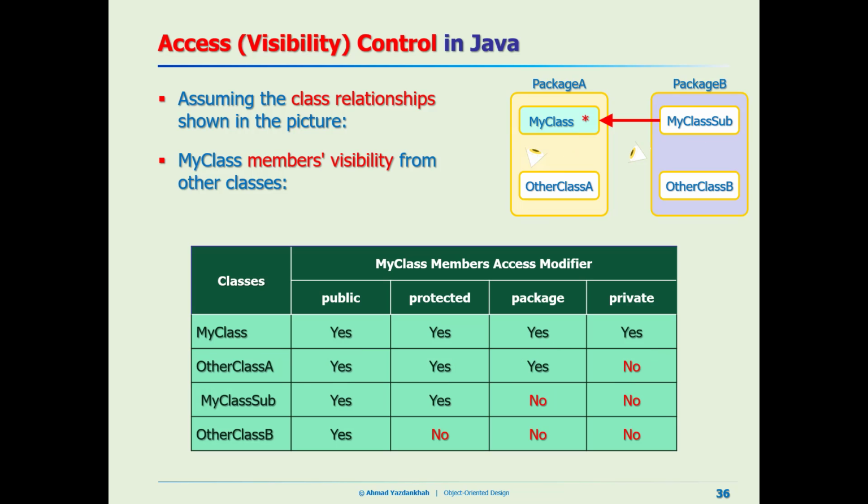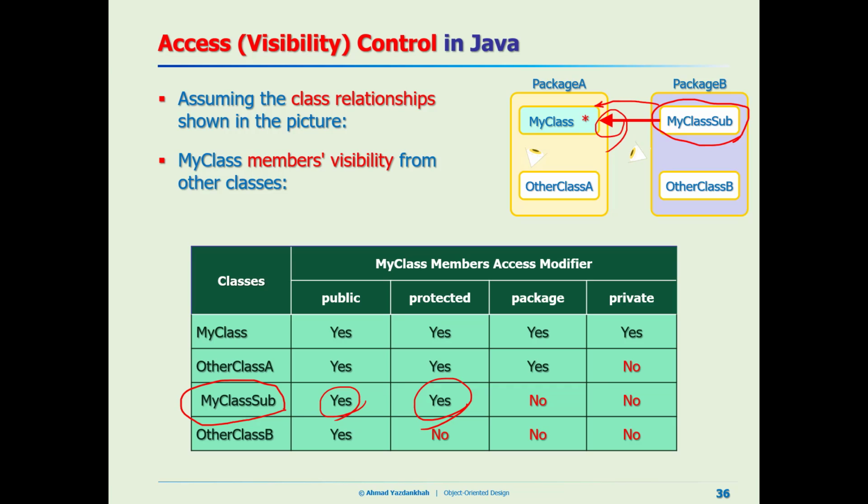Okay, so MySub class exists in another package, but it is inheriting from MyClass. So this is the inheritance sign here, right? The connector, right? Okay, what members can this MySub class see? You see all the public, which we are not surprised by, and protected. So the protected can be seen.